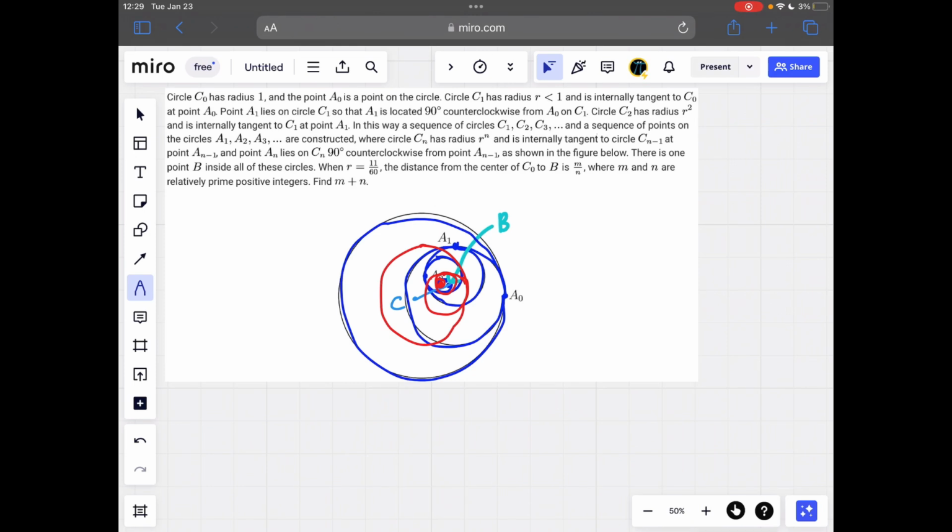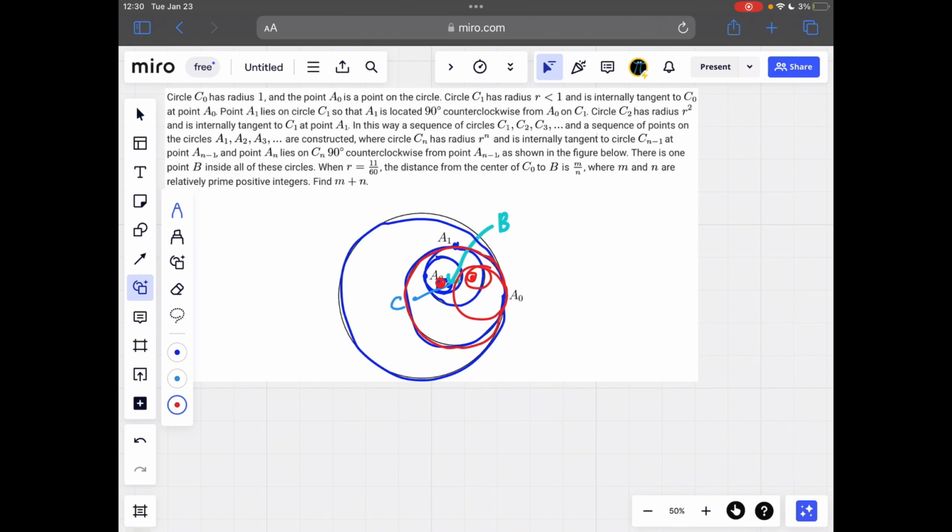So we can move this red stuff to the right 1 minus r units, and that figure will end up looking something like this.